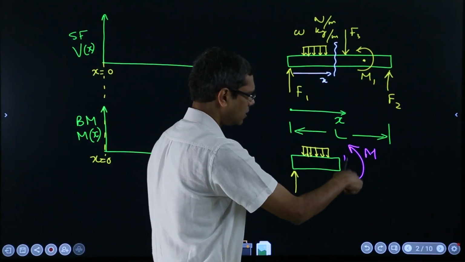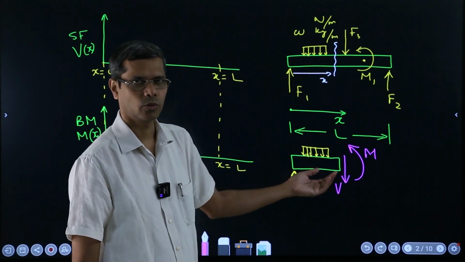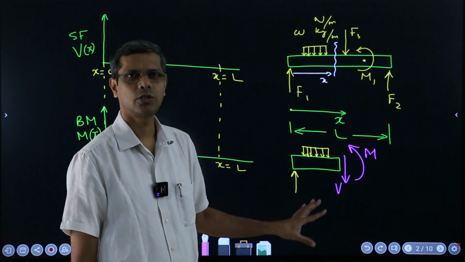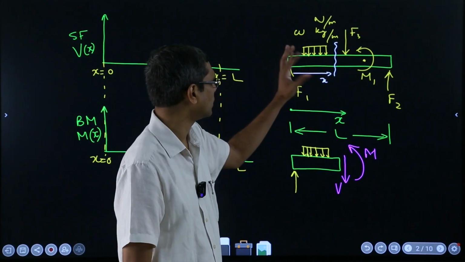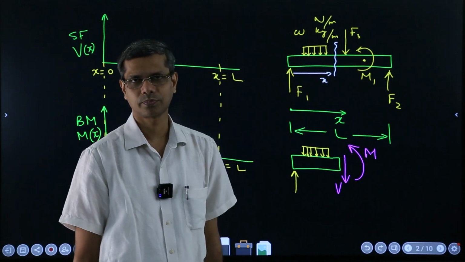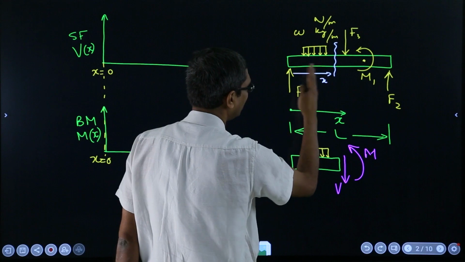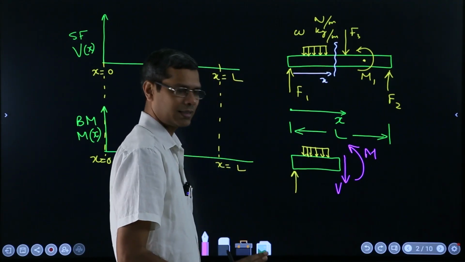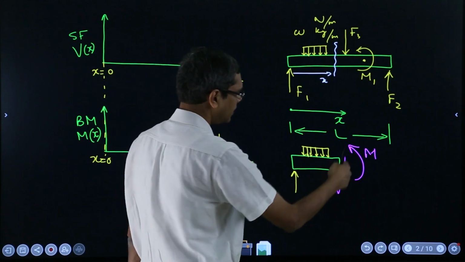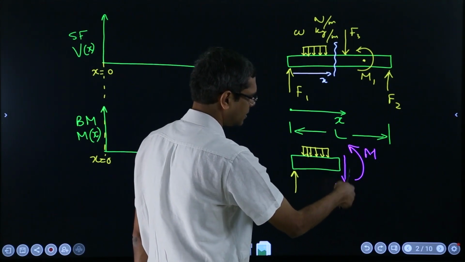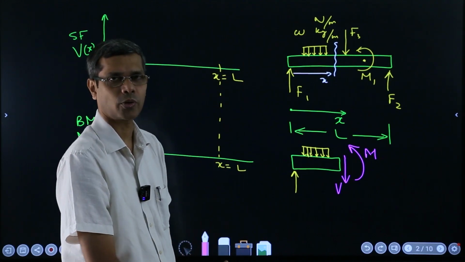Now the sense of these forces which I have drawn, force or moment, these are considered to be positive when you keep the left portion of the cut section. Okay, suppose you have cut it somewhere and you have kept the left side, then you have to assume that shear force is acting in this direction and moment is acting in this direction, and these are considered to be positive.